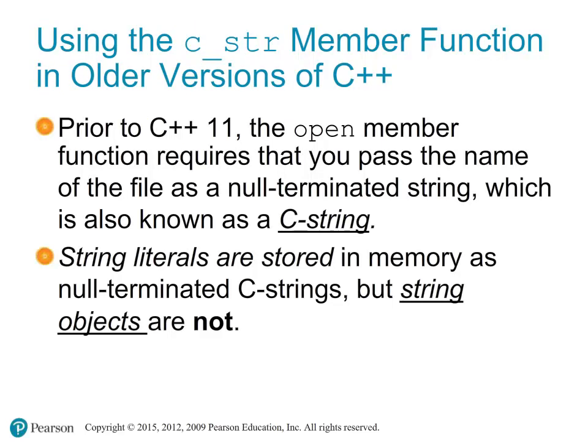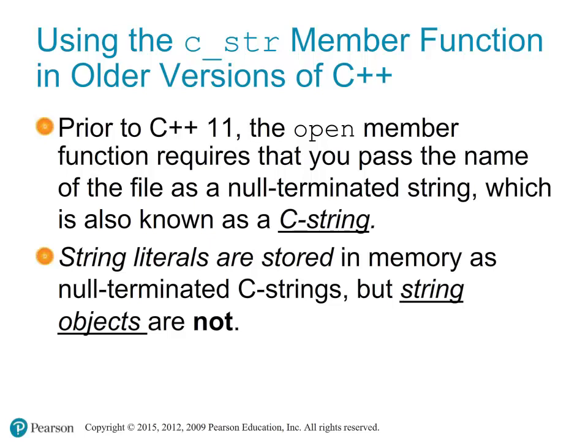Before C++11, the open member function of the stream object required the file name to be passed as a null-terminated string, commonly known as a C string. A C string is an array of characters terminated by the null character, \0.